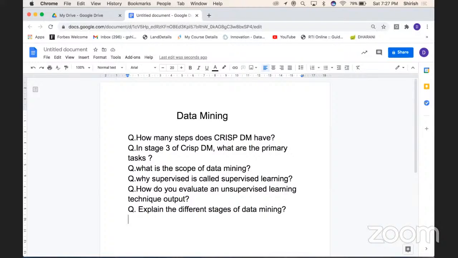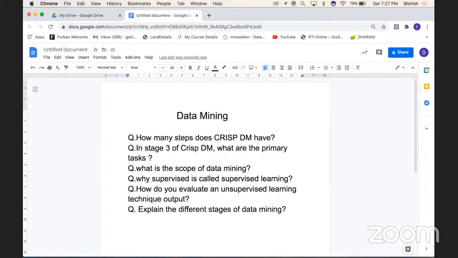So you are validating your data by applying different models to it. You are comparing their results: which is the best performer, which model is the best. Then you do the deployment part.